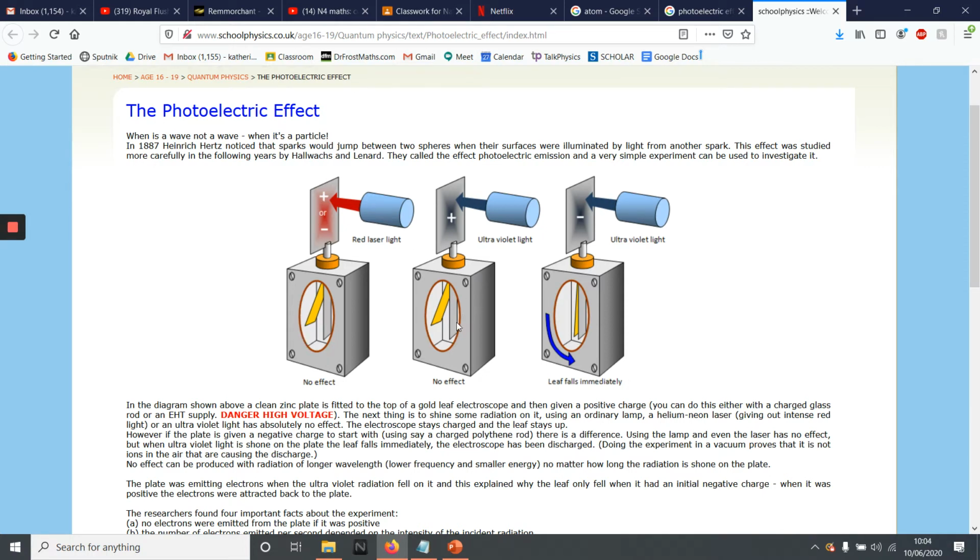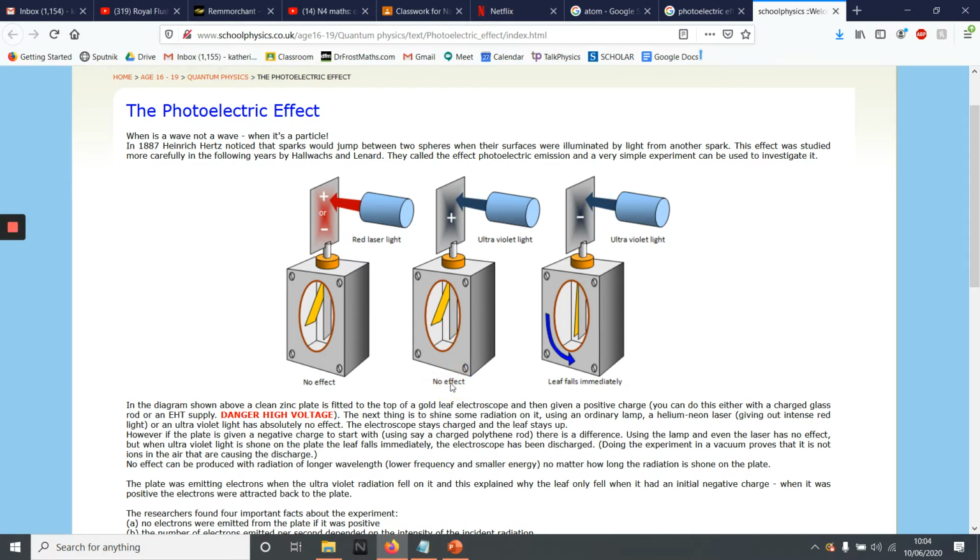Now go to the next picture. We're now just positively charging this. So remember, positively charging is if we take electrons away from the system, and we shone ultraviolet light onto this system. Still nothing would happen.